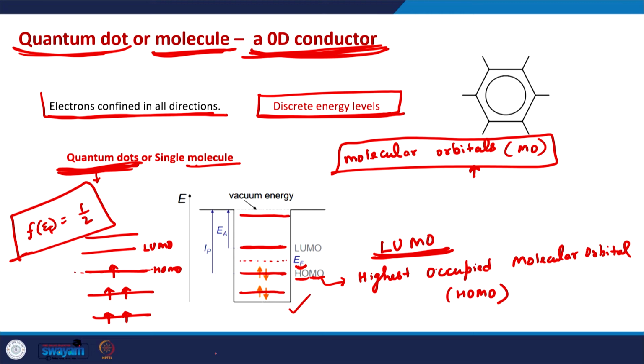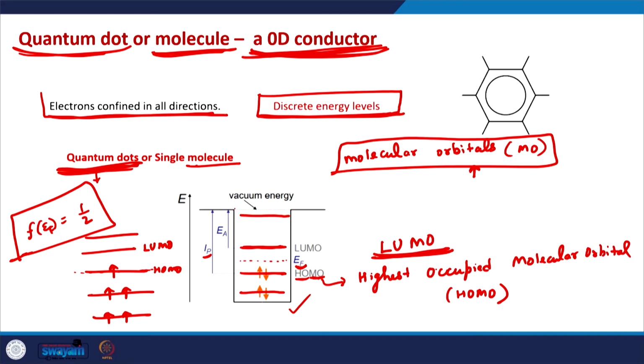We also have a notion of ionization potential, which comes from atoms actually. Ionization potential is essentially the energy that we need to ionize the system, to take out an electron from the system into the free space.